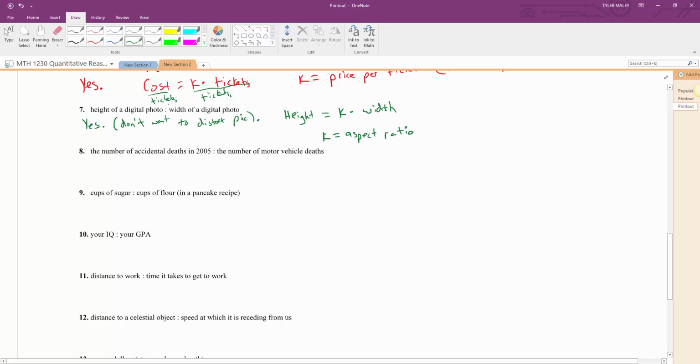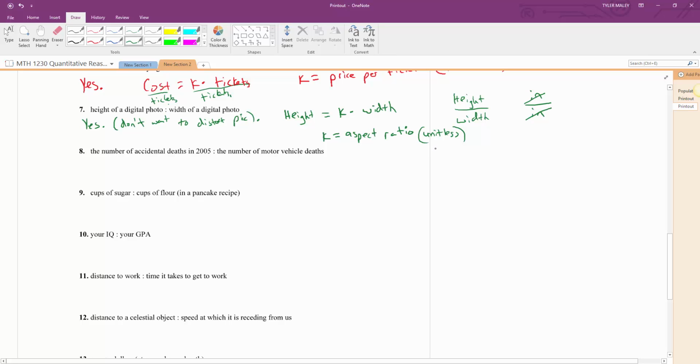And so typically the width is measured in inches, and same with the height. So if I take height divided by the width, what I would be doing in my units is taking inches divided by inches. So remember, if we take the same unit divided by the same unit, those cancel out. So this would be unitless, right? So if all my units go away, we call that unitless.